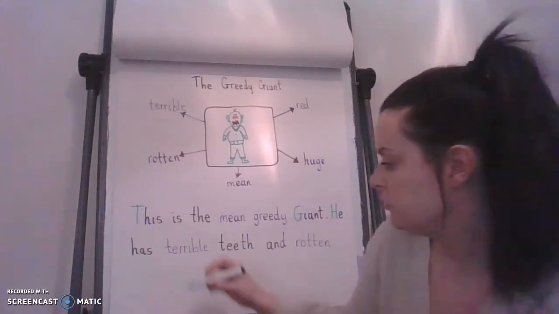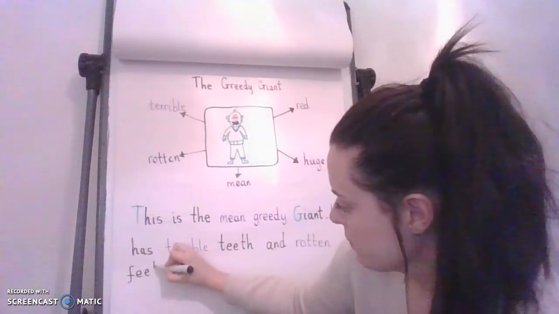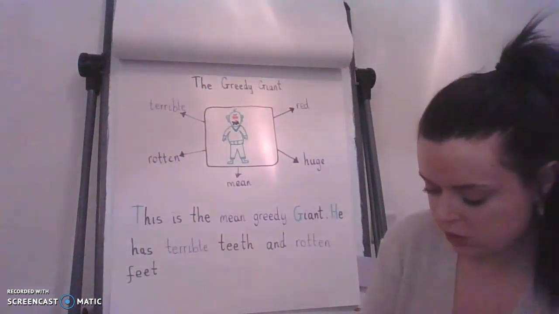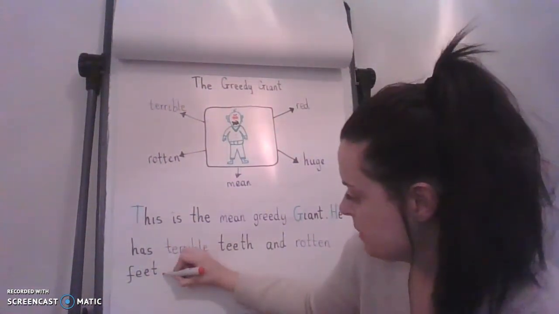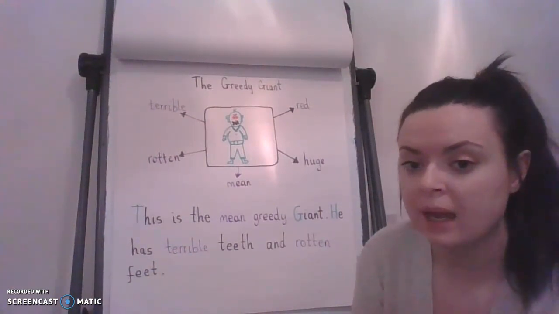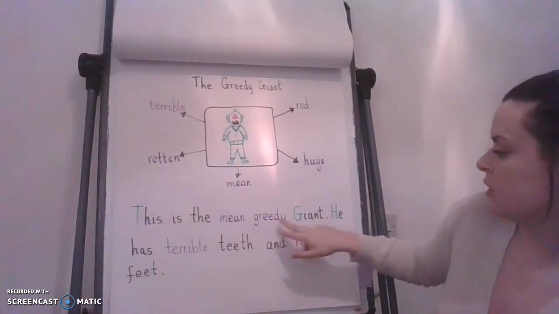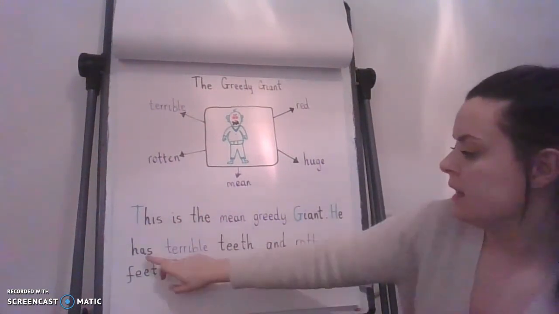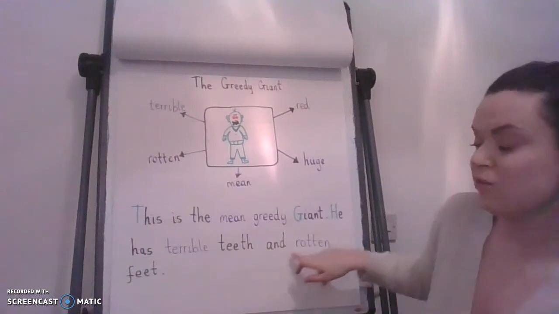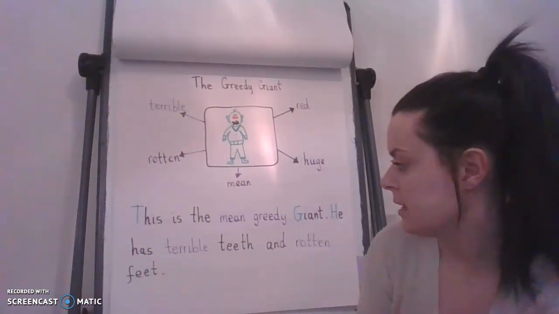Feet. Brilliant. And just to finish, I need my full stop here. So let's read it from the very beginning, okay? This is the mean, greedy giant. He has terrible teeth and rotten feet. Oh, he sounds a bit smelly, this giant, doesn't he?